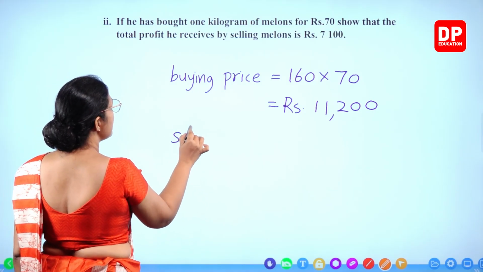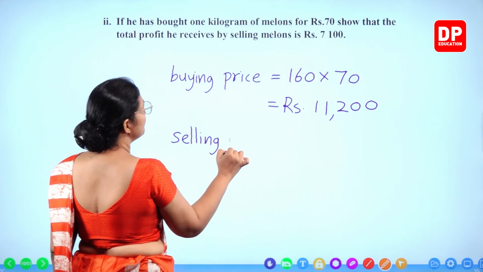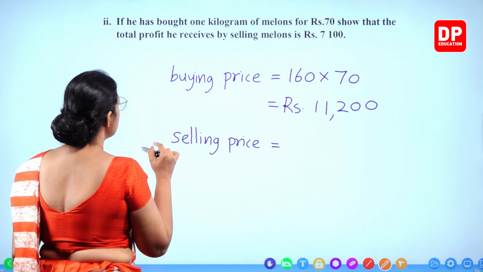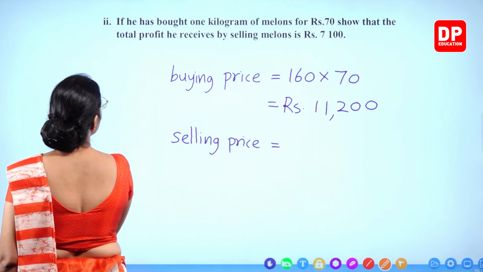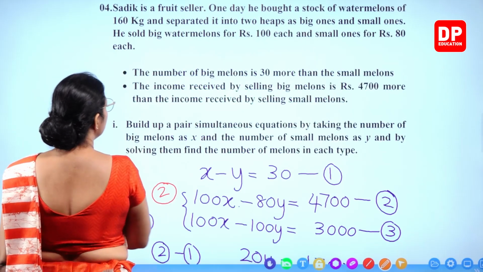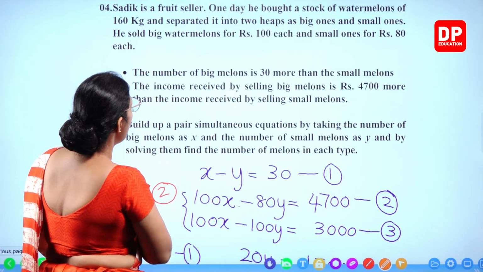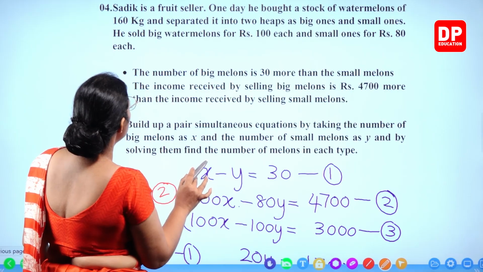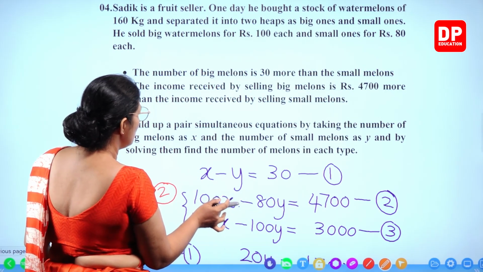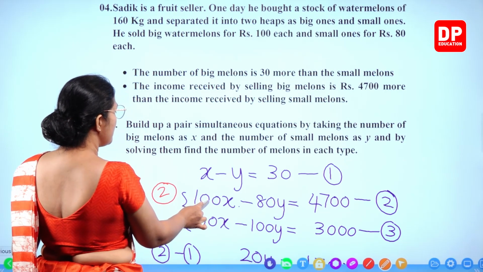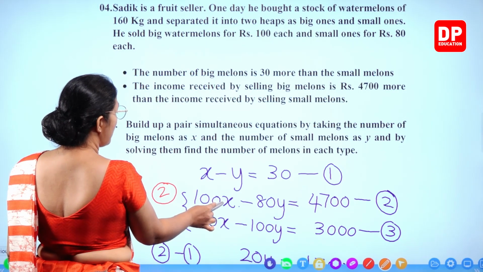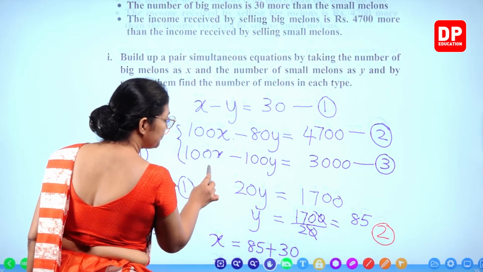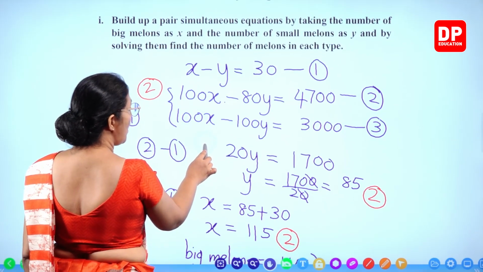What is the selling price then? Did we find out the selling price? It's not mentioned anything here. We have to calculate from this, 100 into x. So what is x we found? x is 115. y is 85.